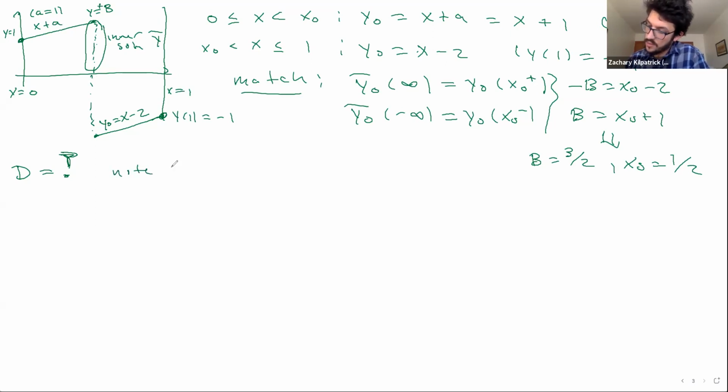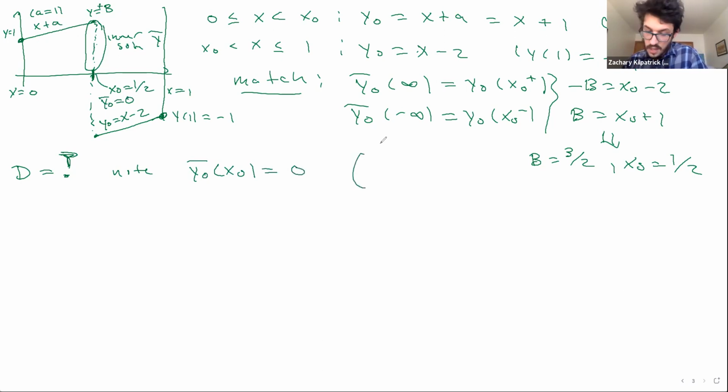So note, y0 bar at x0, that's going to have to cross right through here because of the symmetry of my function, right? So this is right at x0 equals a half. I have that y bar of x0 is equal to 0.